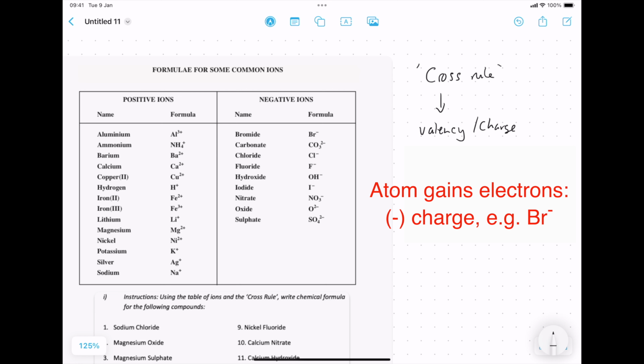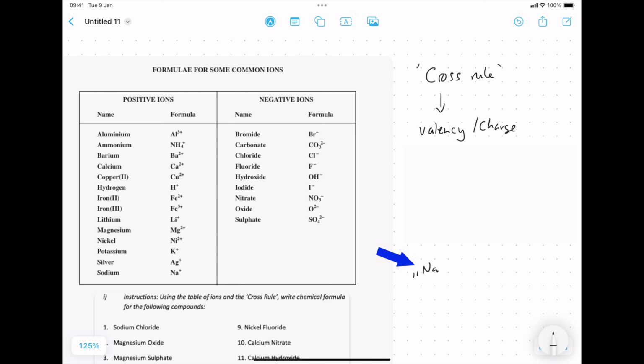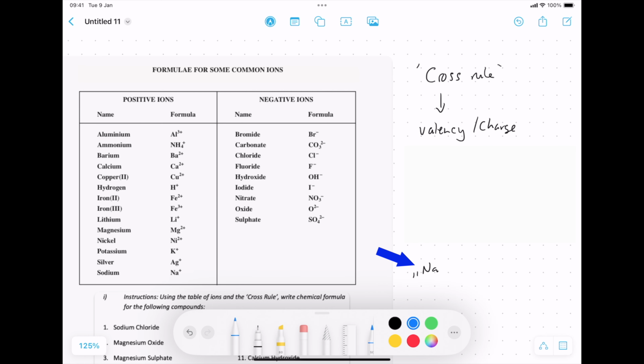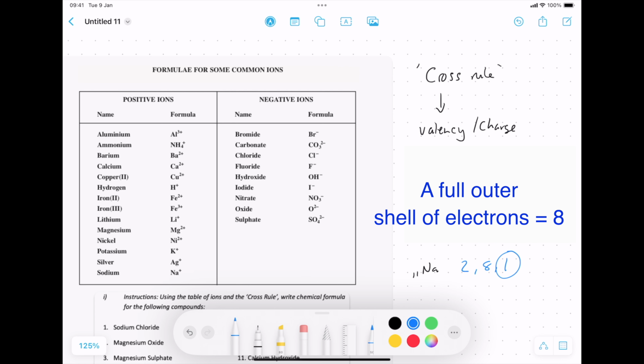Okay, remember atoms are neutral to begin with. So for example, if we took, say, sodium, the configuration is there's one electron in the outer shell. So when considering how many electrons are needed to complete the outer shell, the choice is either to gain 7, which would make 2,8,8, or lose 1, which would make 2,8.